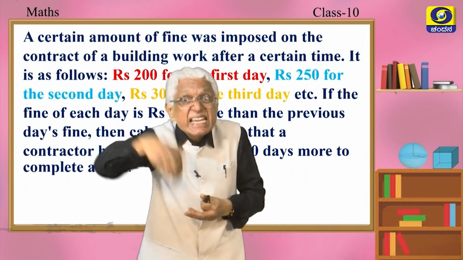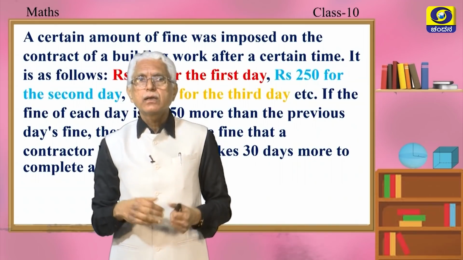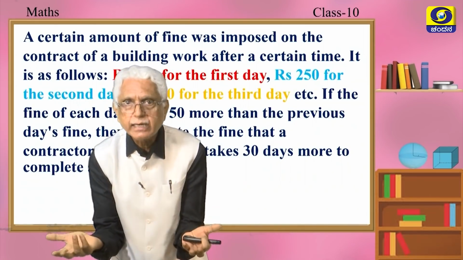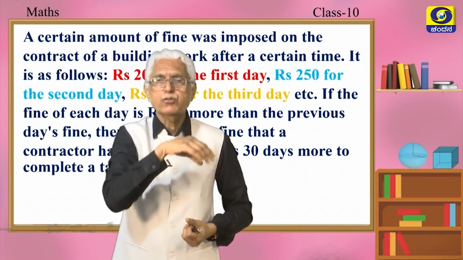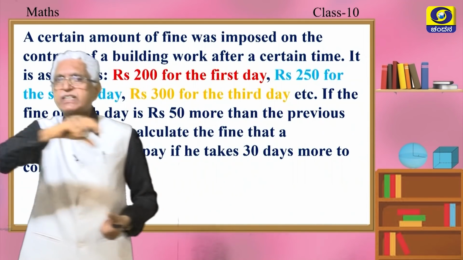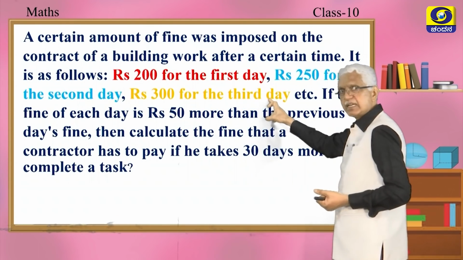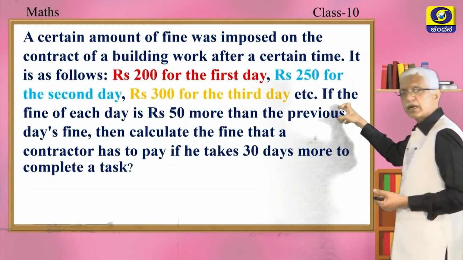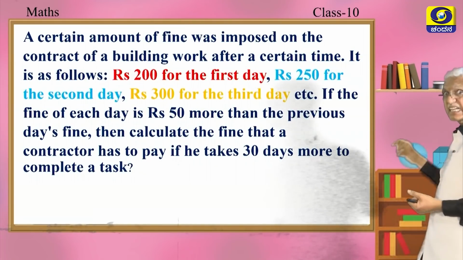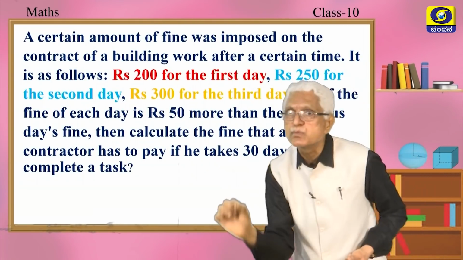How many times am I giving the fine? The delay is for 30 days. So, 30 times I have to pay the fine. So, the number of terms is 30. So, 200, 250, 300, 350, 400, 450 and so on, up to 30 terms.